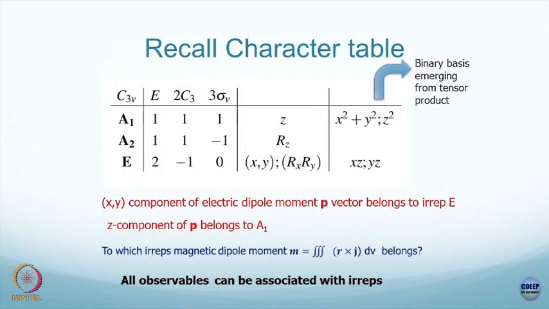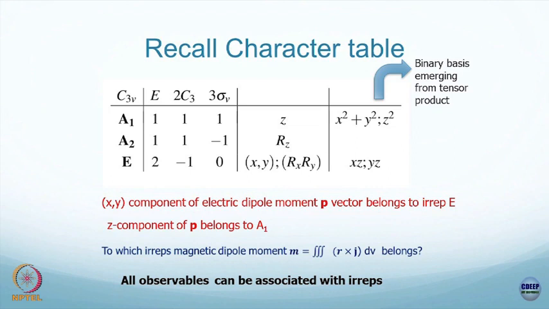Similarly, you can also look at the magnetic dipole moment. You all know the magnetic dipole moment. So, the magnetic dipole moment involves a cross product between the current density and the position vector. Once it involves a cross product, what is it? It is an axial vector. So, if you write the magnetic dipole moment as an integral over dV, this is going to be an axial vector.